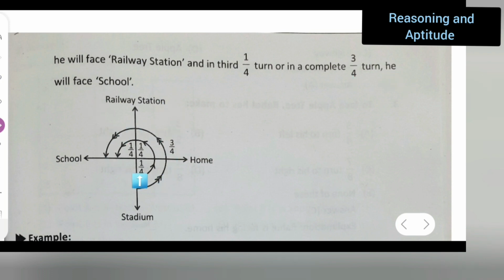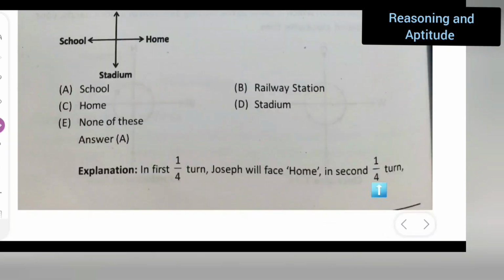So 1/4 turn is what? Towards the home. Then it will be the railway station. Then it is school. So which option is the correct option? Here option A is the correct option. School is the correct option.